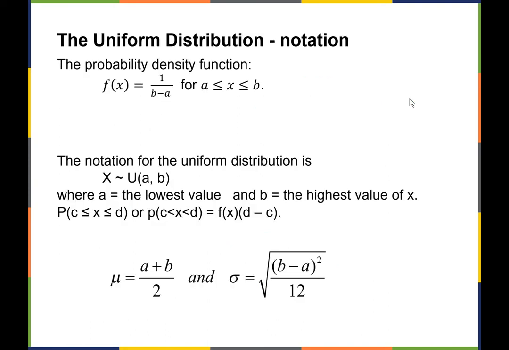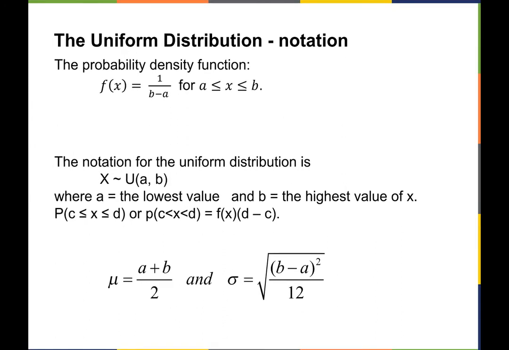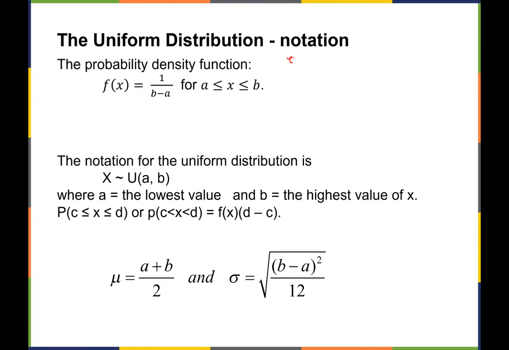All right, so let's go ahead and practice a little bit with our notation. The probability density function is going to be equal to f of x equals 1 over b minus a, for a less than or equal to x less than or equal to b. This is a lot of a's and b's, but if we think about it in our example, a was equal to 0 and b was equal to 20, right?